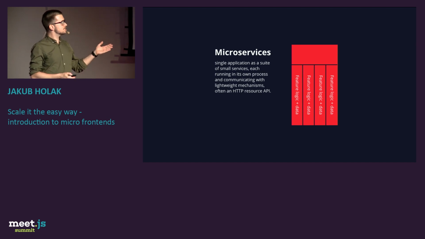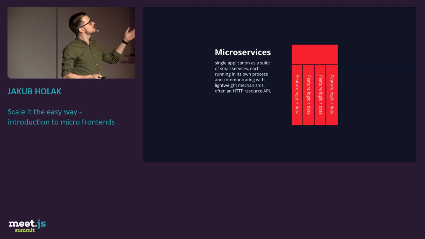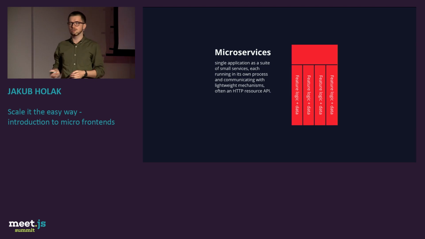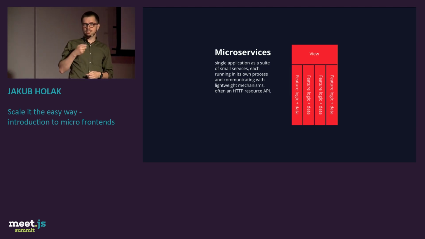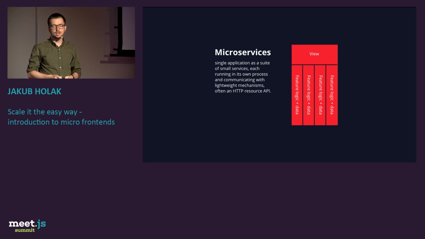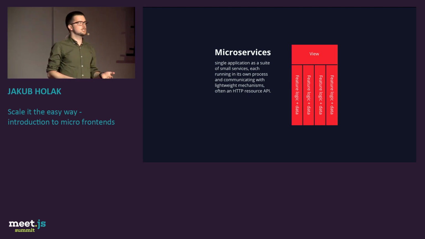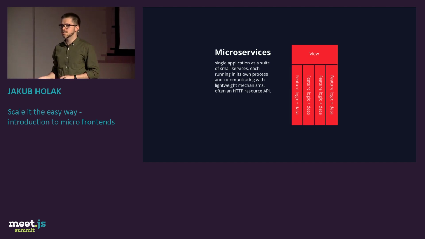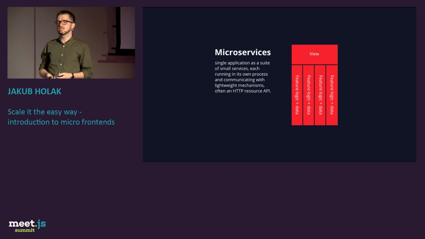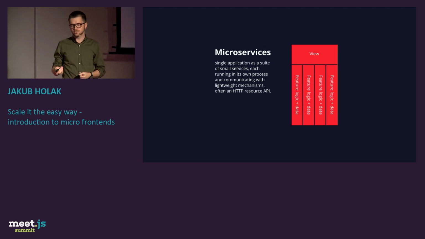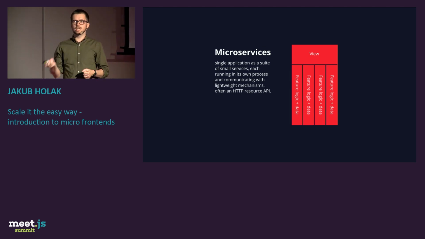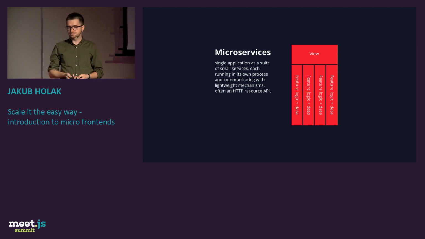Each microservice is one feature that connects logic and data. But often, and this is the most popular architecture today, the view layer is still a monolith. It may be a single page application, or it may be server-side rendered. It doesn't matter. Every time the feature X team creates a feature on the backend, they need to wait for the front end team to cover this feature on the user interface.